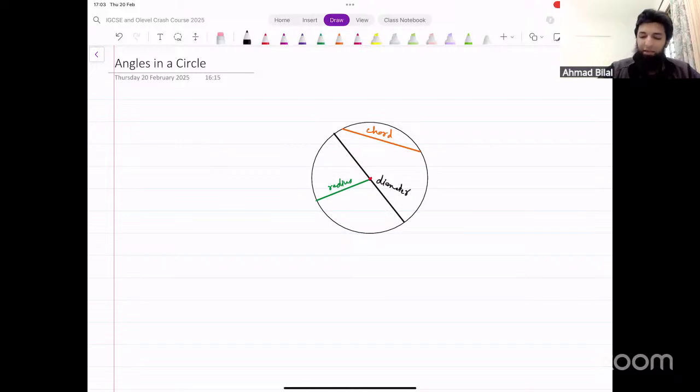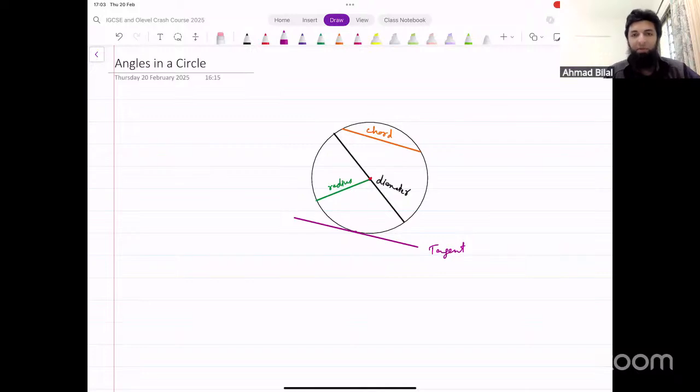And then if we have a line that's going like this, such that it just touches the circle at one point, like this, for instance. It just touches the circle at one point, and that's it. This line is known as a tangent to the circle.